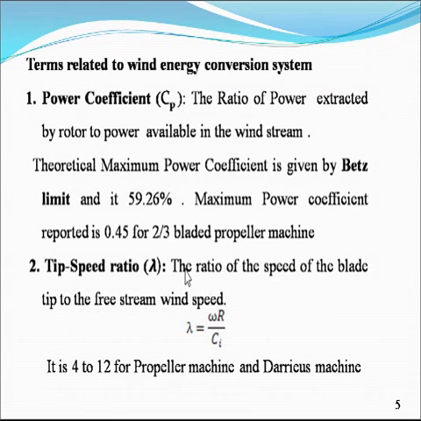Now we'll discuss the performance parameters of a wind machine. The first performance parameter is the power coefficient, or energy conversion efficiency, of the wind machine.